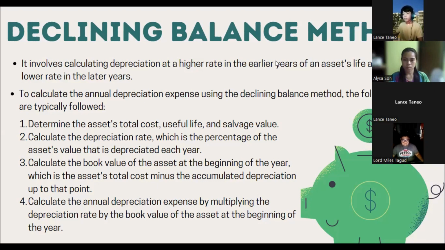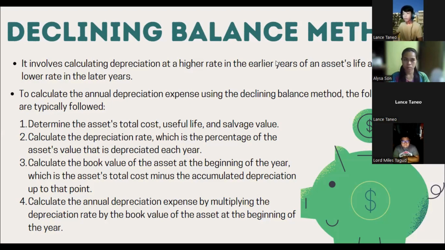We will show the formula in the next page, but let us first go through the steps. The rate is the percentage of the asset's value that is depreciated each year. The rate can be calculated by dividing a factor such as 2, 3, or 4 by the asset's useful life. For example, if the asset's useful life is 10 years and the factor is 2, the depreciation rate would be 50%.